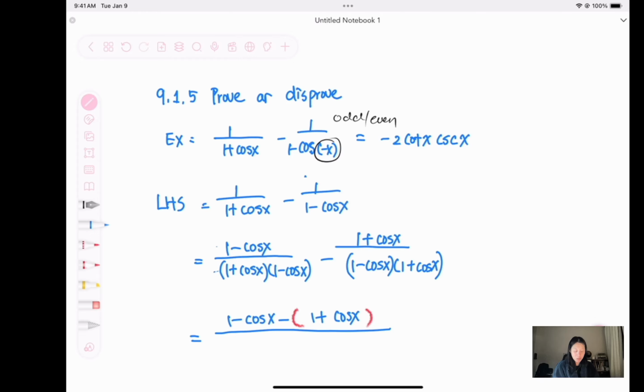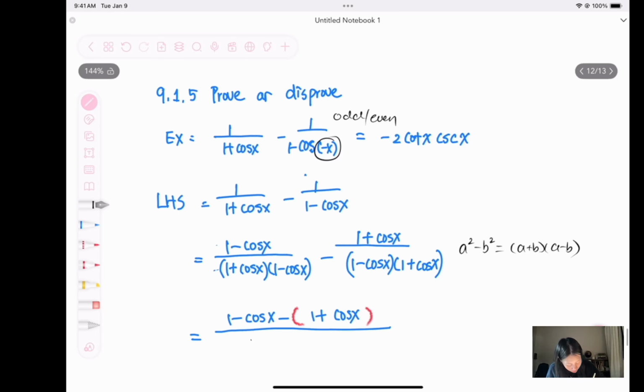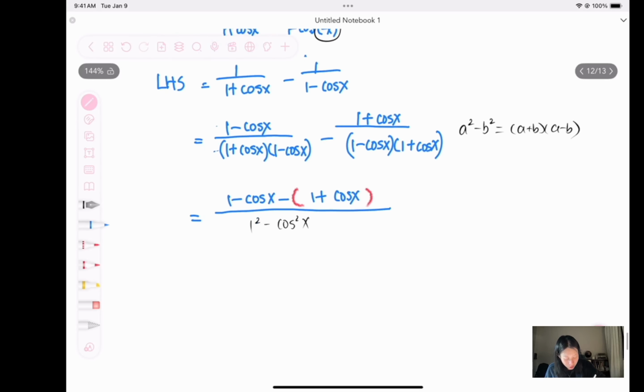Okay, for the denominator, this is what? It's the difference of squares, which is a plus b times a minus b equals a squared minus b squared. So that means I have 1 squared minus cosine squared. Okay, simplify the numerator.